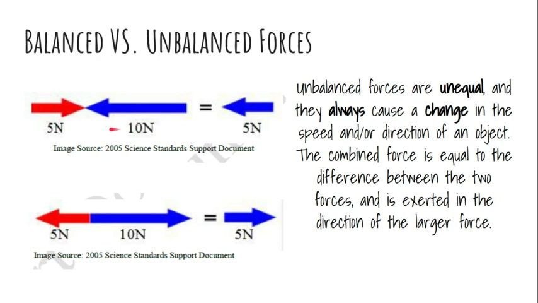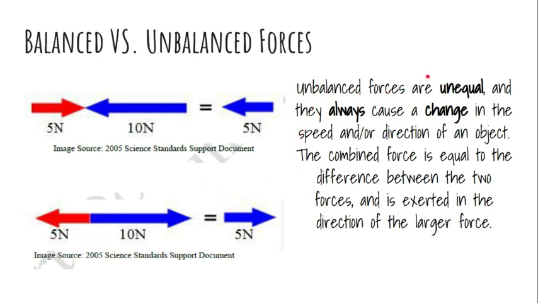This one, 10, is bigger than 5. So if this were a box sitting here, the 10 is going to win. The box is going to go to the left. Okay? Over here, if we have 5 newtons pulling to the left, 10 newtons pulling to the right, and a box is over here, 10 is going to win. It's a bigger number than 5. So now it's going to go to the right. Okay?